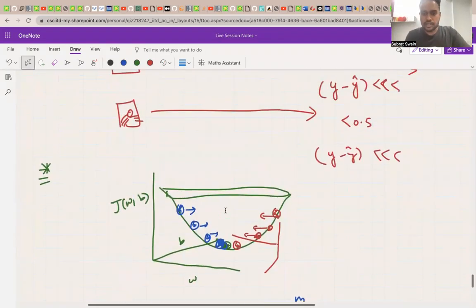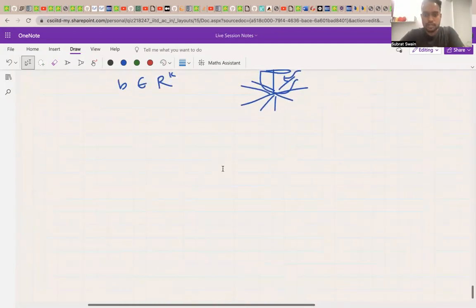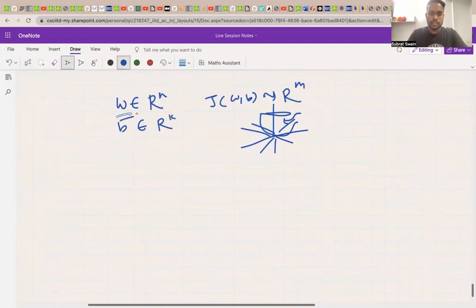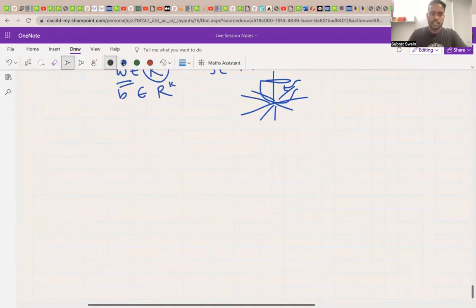So this is the entire thing. And this explains, when I said W is high dimension, I can just design that. Suppose you are looking at a cat image, and here are neurons.